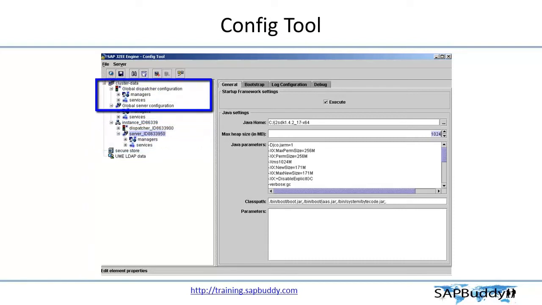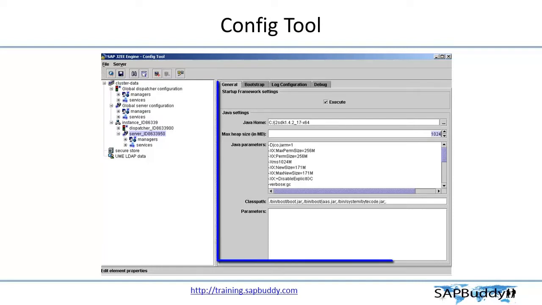Okay, so you can see it here. This dispatcher and this server have an instance number. If this is not there, then the dispatcher or the manager belongs to global setting. The parameters of the selected elements are displayed in the main window on the right side.